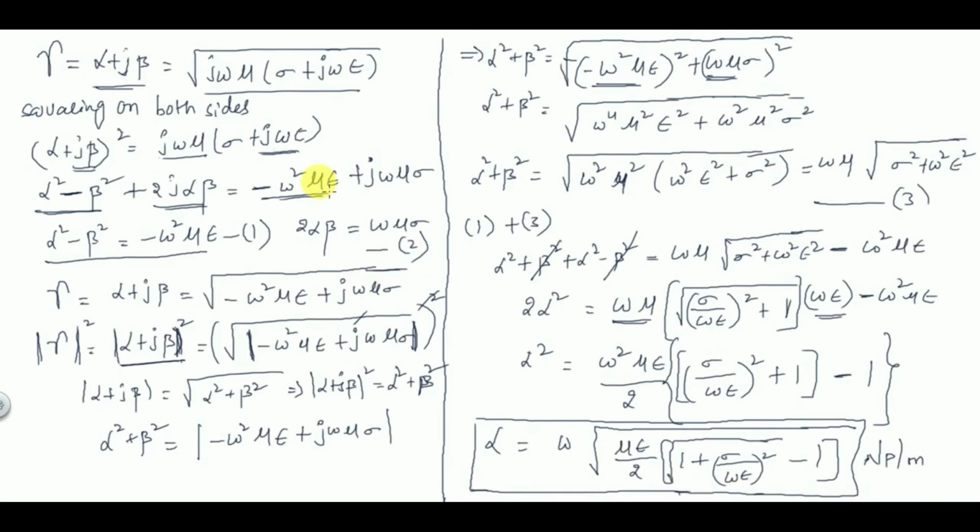Very easy. First of all, gamma is equal to alpha plus j beta, so root of j omega mu into sigma plus j omega epsilon equals alpha plus j beta. Squaring on both sides and equating real and imaginary parts, you will get equation 1 and equation 2, and taking modulus and doing some simplification, you will get alpha square plus beta square like this.